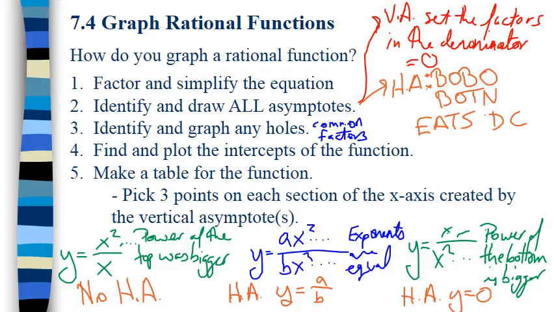Bigger on the bottom, your asymptote is 0. Bigger on the top, there's no asymptote because you are not bound. If the exponents are the same, you can divide the coefficients in front, the a, b, but it has to be in standard form. Let's do an example.